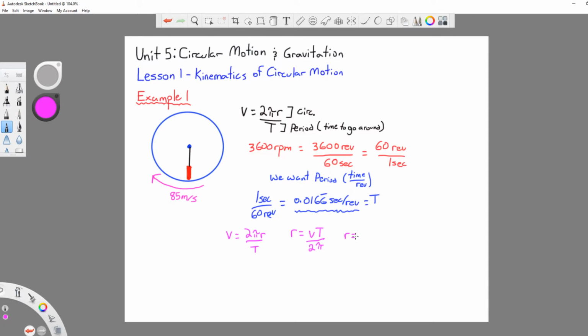We can say radius is equal to our velocity of 85 meters per second times our period of 0.0166 seconds per revolution, all divided by 2 pi.